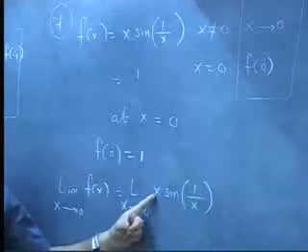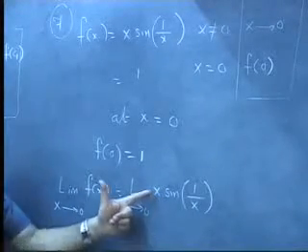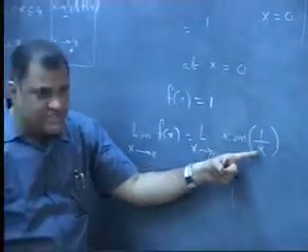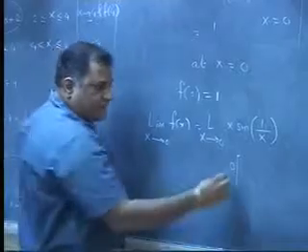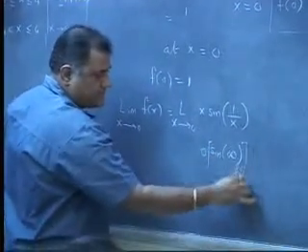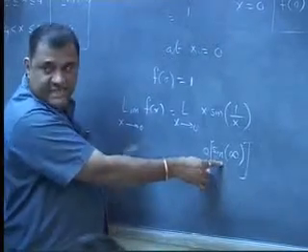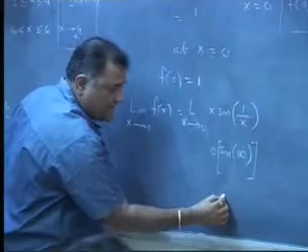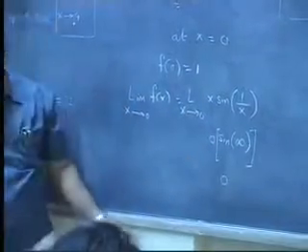So we'll just substitute the value of x as 0. So 0 into sine 1 upon 0. Sine 1 upon 0 is sine infinity. Sine infinity is some constant. So that constant into 0, I get the value as 0.